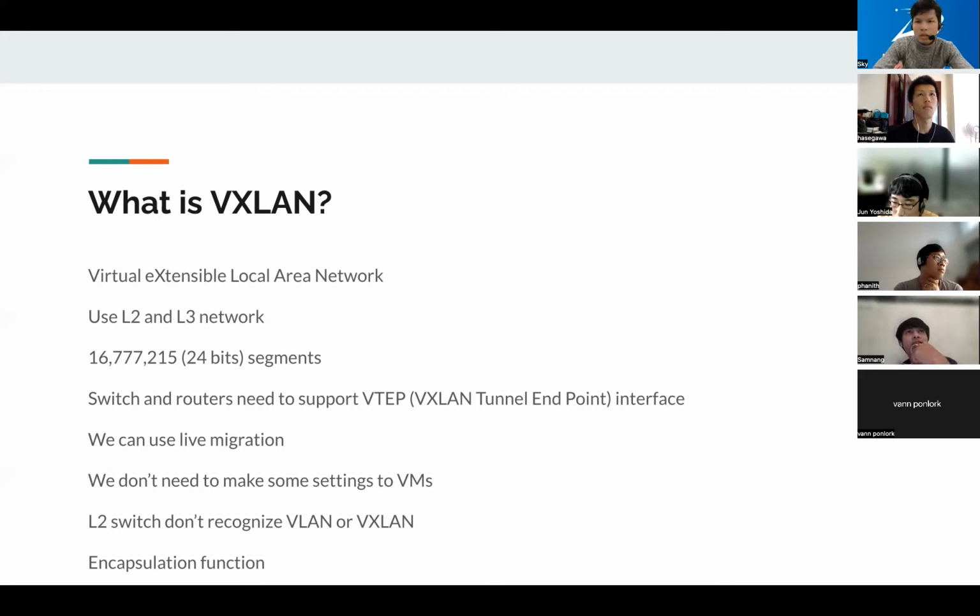Like in a company we have different departments, something like the IT department, finance department, and accounting department. With inter-VLAN, if we want to communicate between VLAN 1, for example VLAN 1 for the IT department, and VLAN 2 for the finance department.